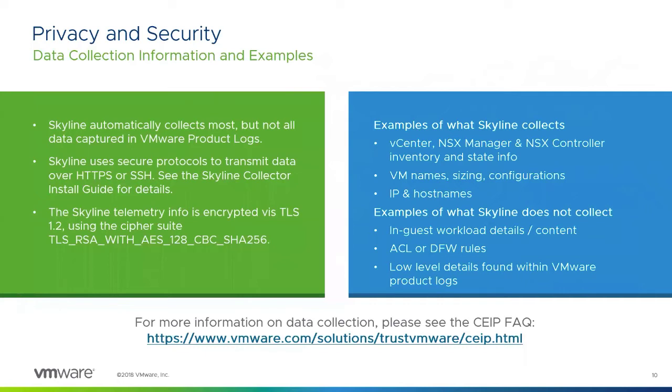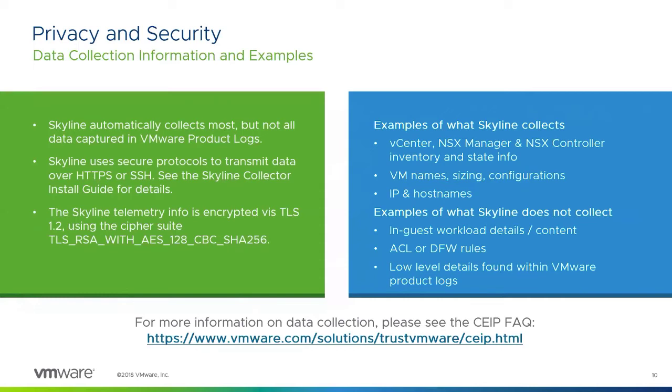We also make sure we do not collect any of your access control lists or distributed firewall rules, right? Any other low-level details that are found within the VMware product logs are also not collected as part of Skyline.